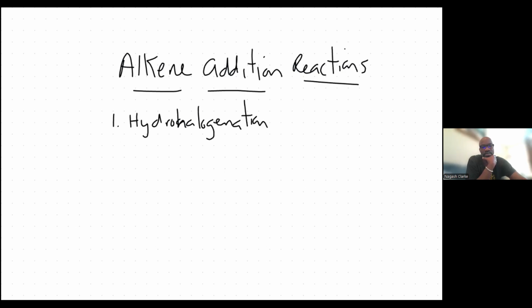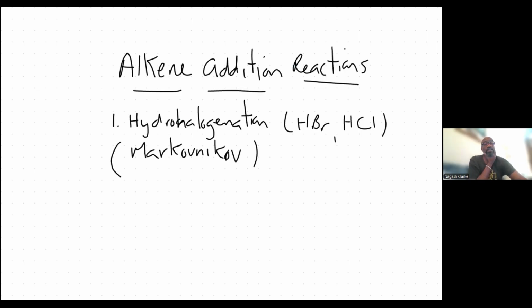So we're going to look at HBr. It's a Markovnikov addition. Remember, Markovnikov means that the Br, the halogen, ends up on the more substituted carbon. So let's use 1-butene and HCl.